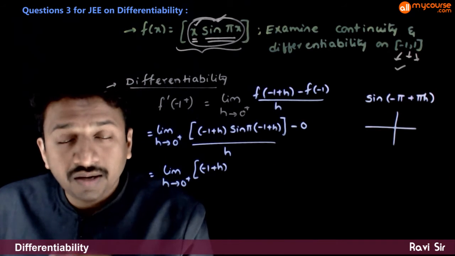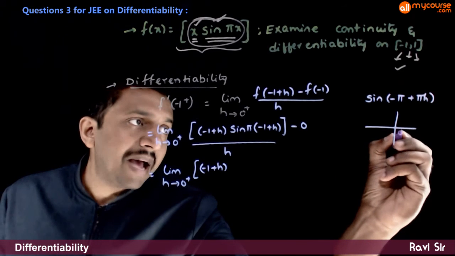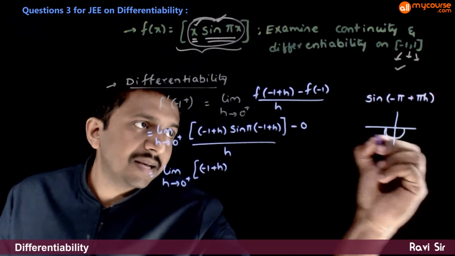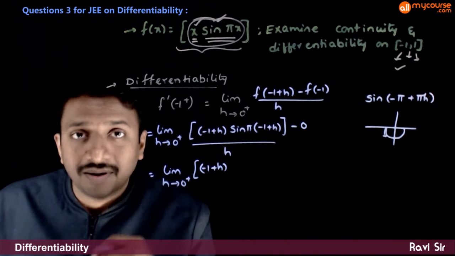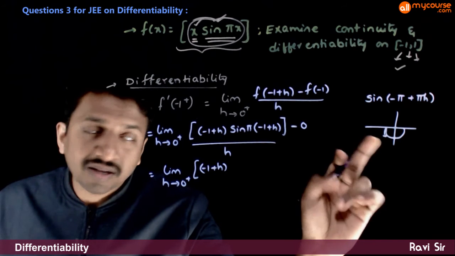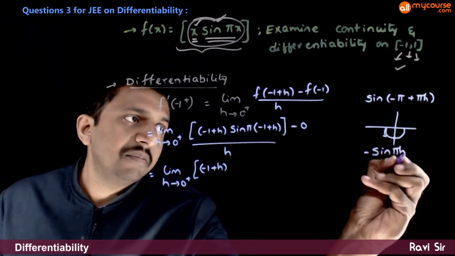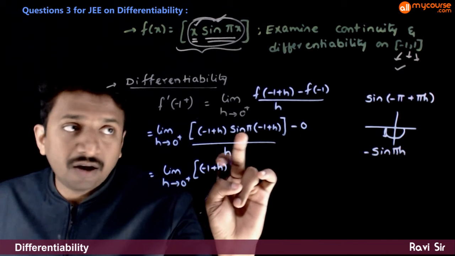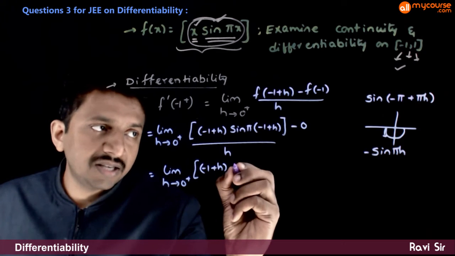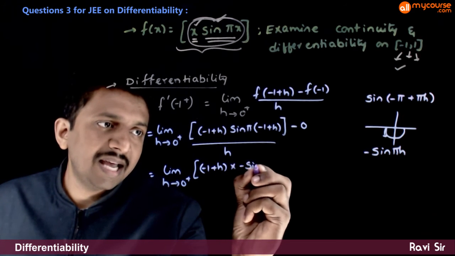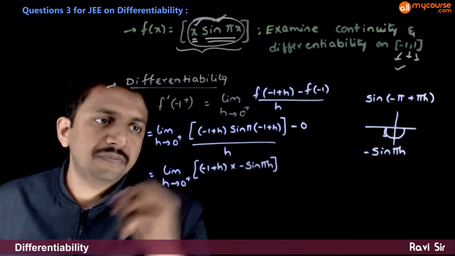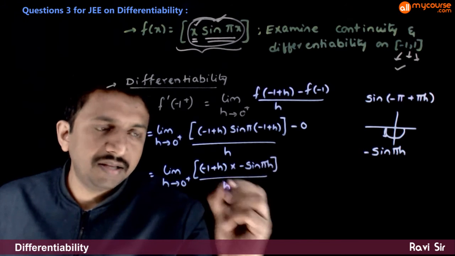If you draw the quadrant diagram, minus pi plus something is in the third quadrant. So this is minus of sine pi h. So, sine of pi times minus 1 plus h, divided by h, is nothing but minus sine pi h divided by h.